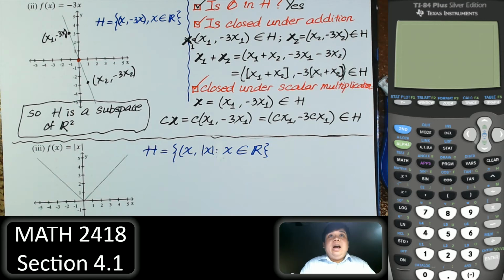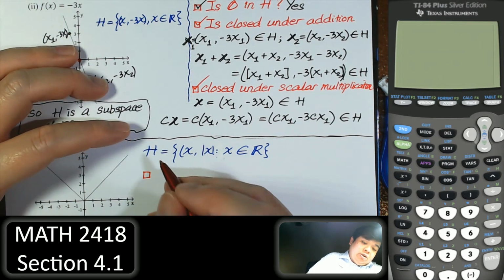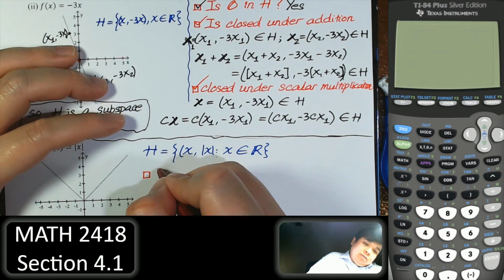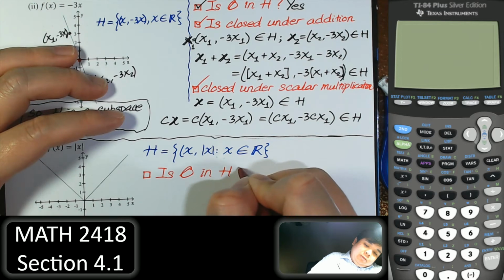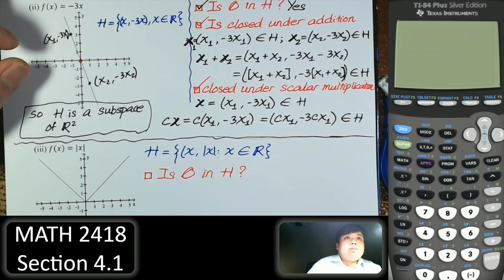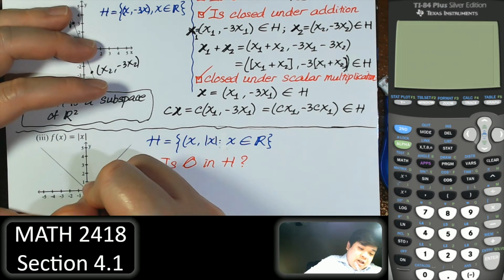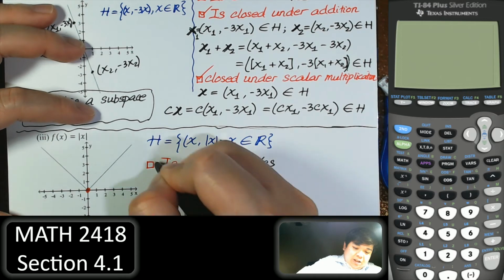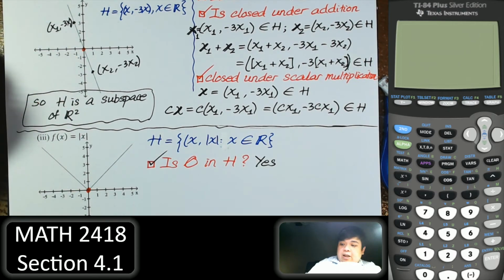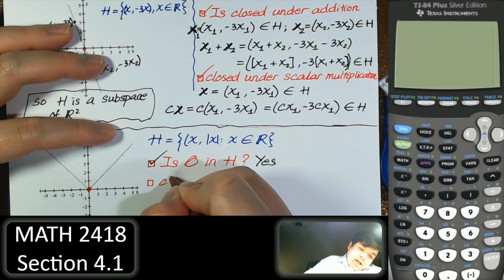Right. To show that it is a subspace, we need all three criteria. And so we see that in this graph, yes, the zero vector is in H. And then next, is that closed under addition?